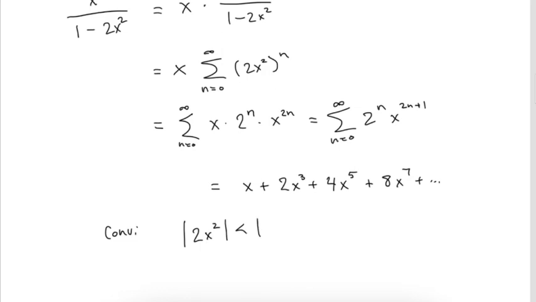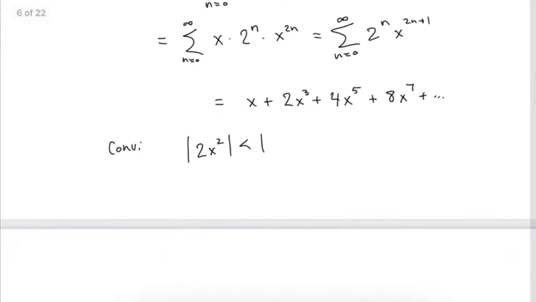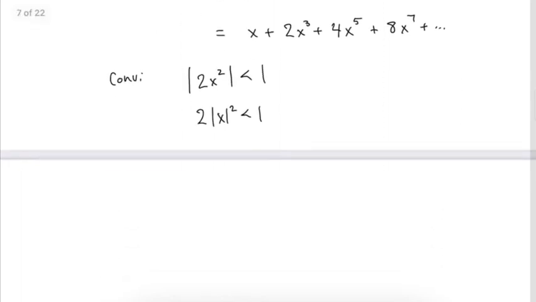And now this is a little more interesting to solve for x, because when you simplify the absolute values, this is the same as 2 absolute value x squared less than 1. Then I can divide by 2, which gives absolute value x squared less than a half.